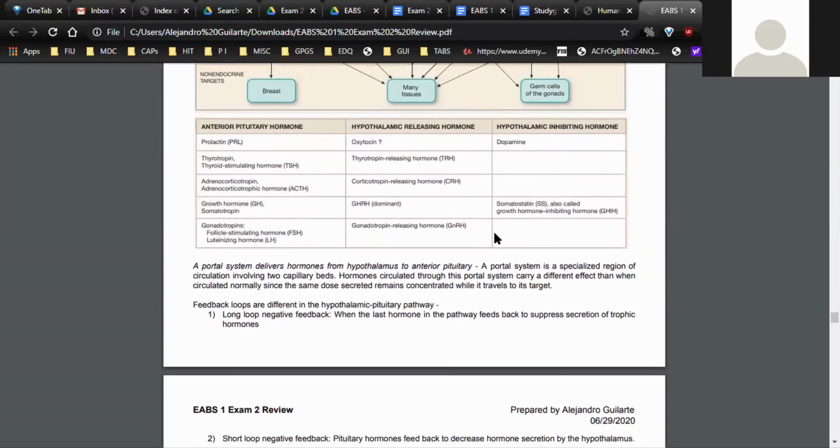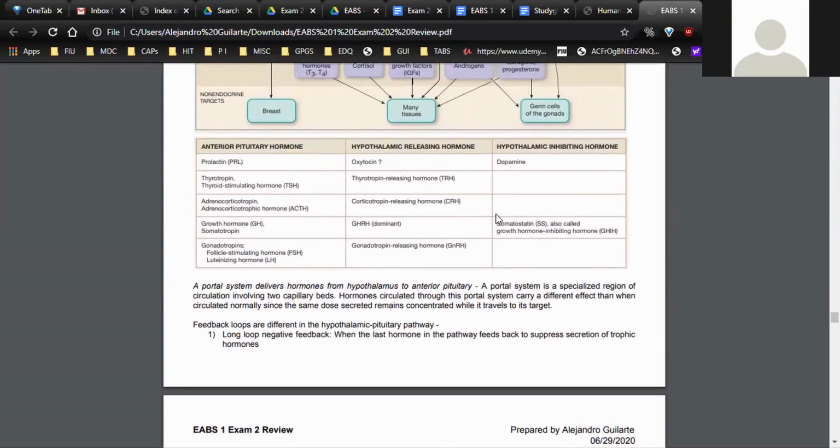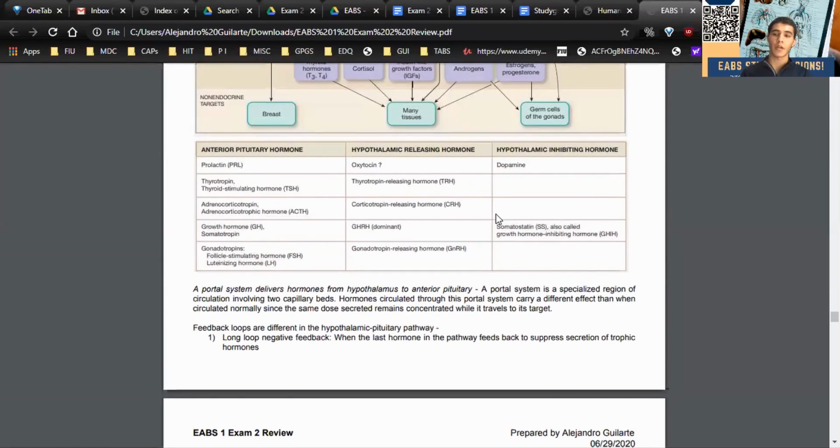And so when we evaluate the anterior pituitary, we notice that it has a portal system. This portal system is basically a series of 2 capillary beds connected from the hypothalamus. The benefit of having hormones that travel through this portal system is that it will carry a different effect because it will remain concentrated as it travels to its target.